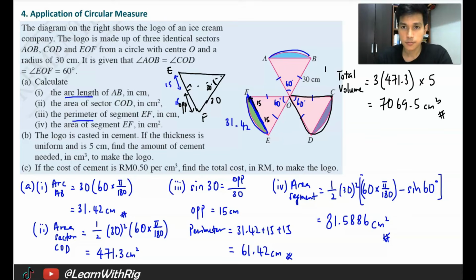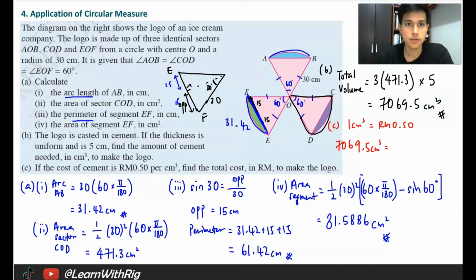Last question, question C. What they're asking: if the cost of cement is 50 cents per cm cubed, find the total cost. Okay, so they're saying 1 cm cubed is 50 cents, right? So how much do you have? You have 7069.5 cm cubed, just multiply lah.